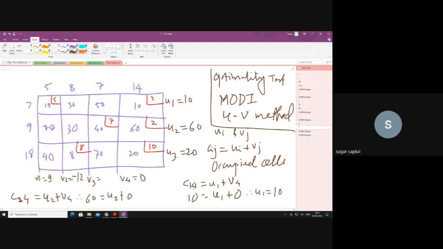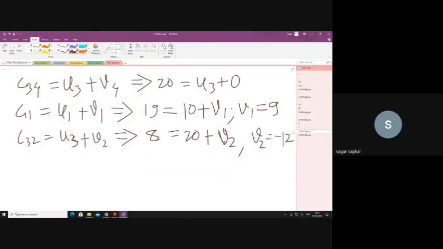Now find out V3. Can you find out V3? Which cell you can use for that? C34? No. C23, correct. So you can use C23 cell, where we have U2 plus V3.